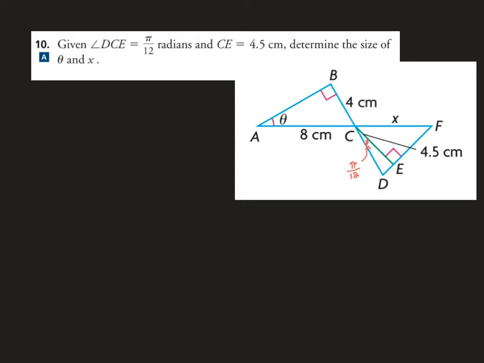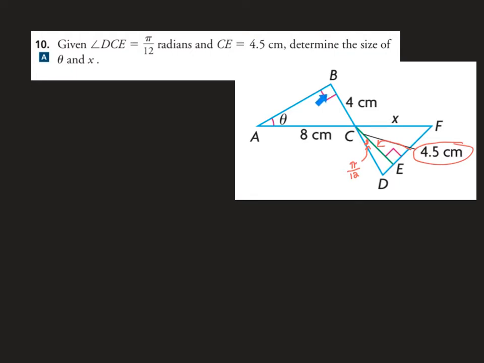And CE, right here, which is from here to here, is 4.5 centimeters. I can see that's already written in here. Determine the size of theta, right here, and x, which is right here. All right, let's get to work here.